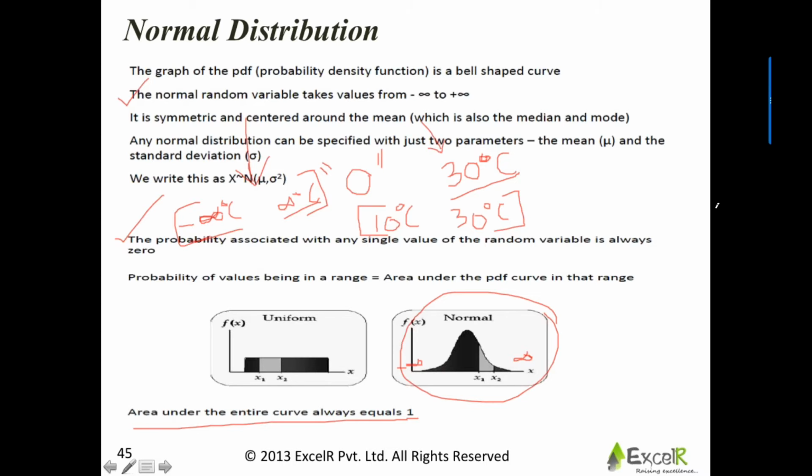It might be anywhere between 20 minutes to 35 minutes. Only that statement is valid. If you give a single point, and the manager you're speaking with knows the ABCD of statistics, he would ask, what is the statement that you're making? So the probability associated with a single value is always 0. The area under the entire curve is always equal to 1.